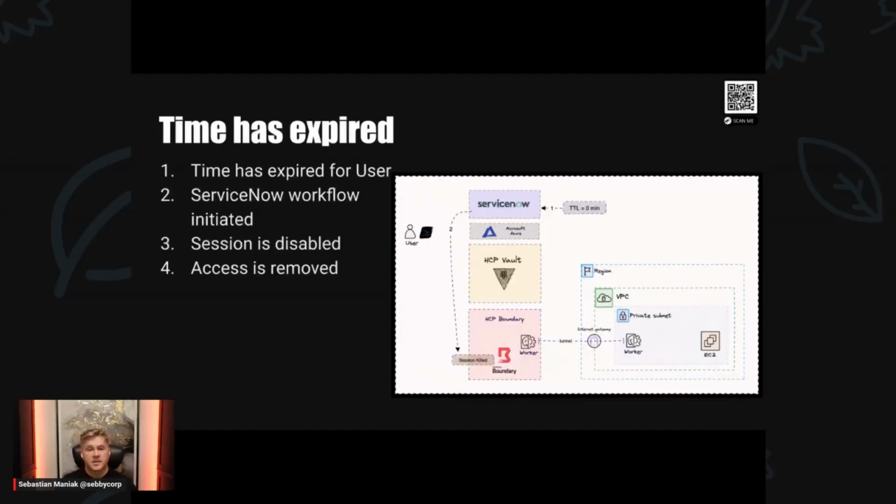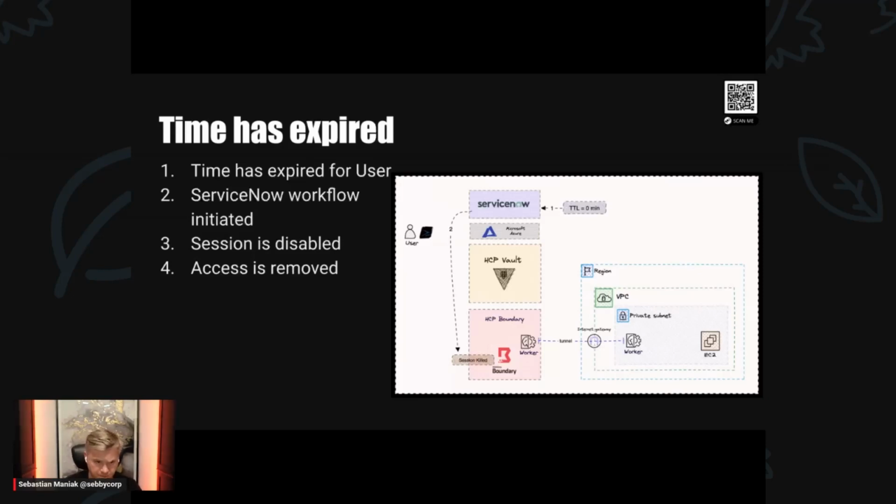And then at a specific time, maybe an expiration, maybe a 30-minute, 1 hour, 5 hour cycle, whatever has been initiated or requested, ServiceNow is going to see that that time is expired, makes a workflow call to Boundary, and revokes access.